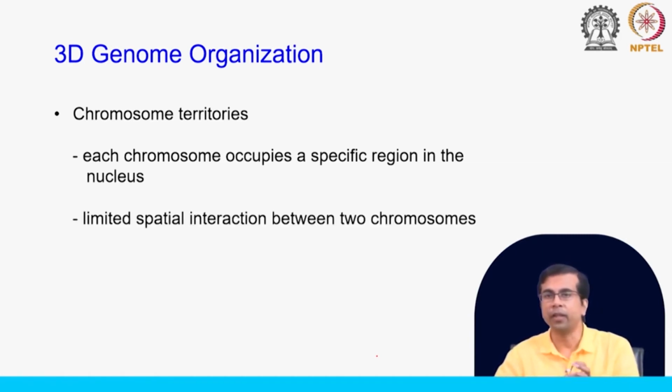So, you have chromosome 1 located in a specific location, chromosome 2 in another location, and chromosome 3 and so on, which means there is limited spatial interaction between two chromosomes. There is some interaction, of course, you can look at some of the data that I will also mention in the reference, and you will see there is some interaction between certain chromosomes, but these interactions are quite limited.